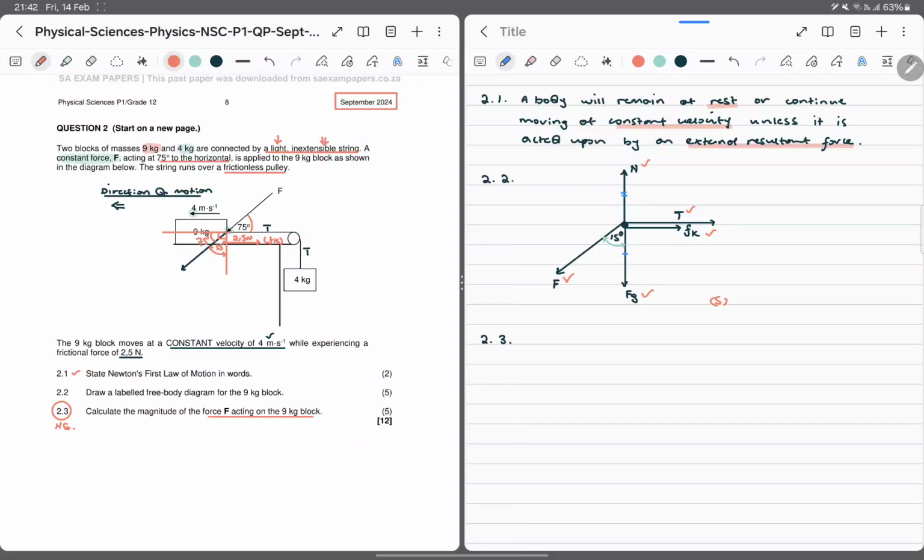The normal force is bigger than the weight in this case, because the weight has the vertical component of this force, which is going to be straight down, right? And so it adds up to the weight to balance the normal force, or the normal force has to balance two forces opposing it. So remember that.